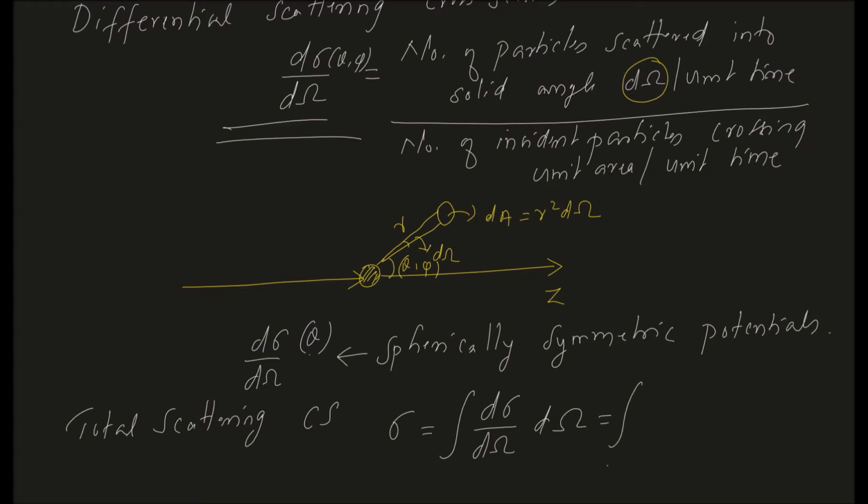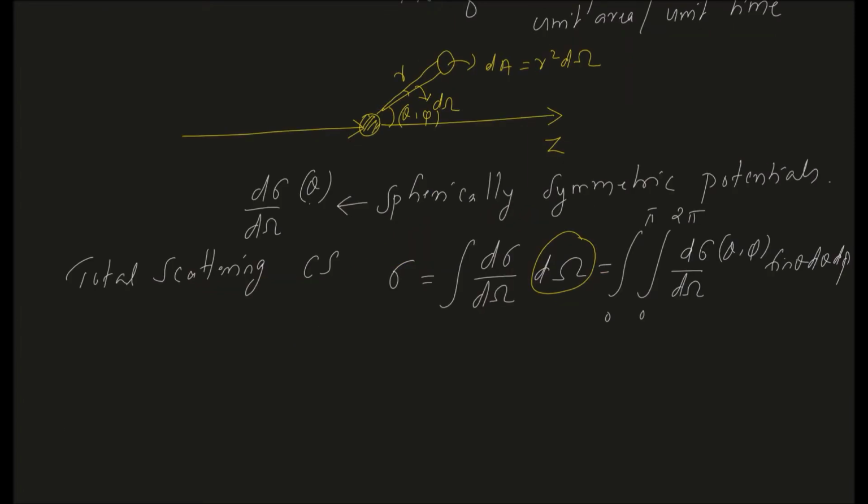So this is the integral from 0 to pi, integral from 0 to 2 pi, of d sigma by d omega, which is in general a function of two angles theta and phi, times sin theta d theta d phi, because d omega in spherical polar coordinates is given by sin theta d theta d phi. And this total scattering cross section is usually measured in units of barns.